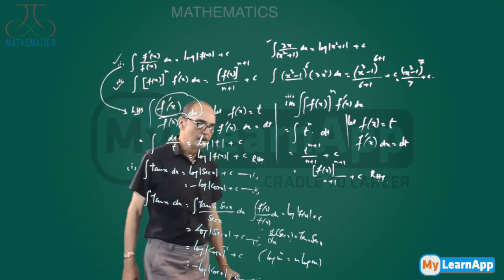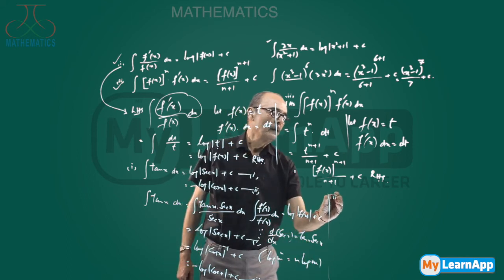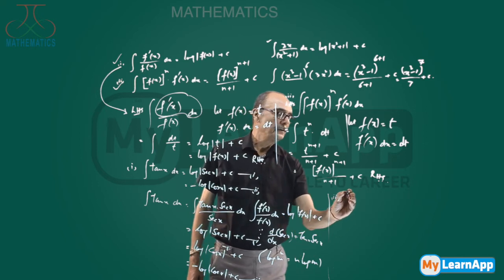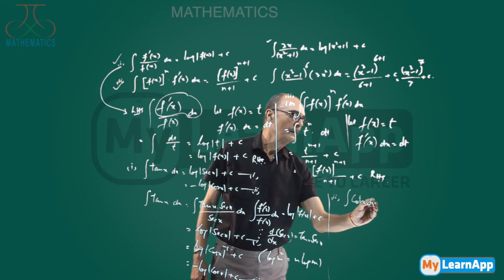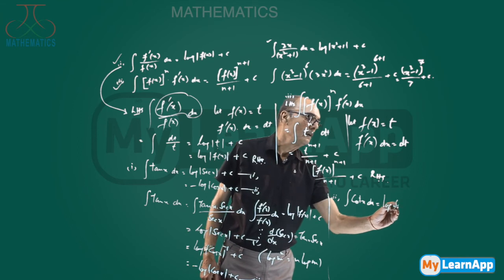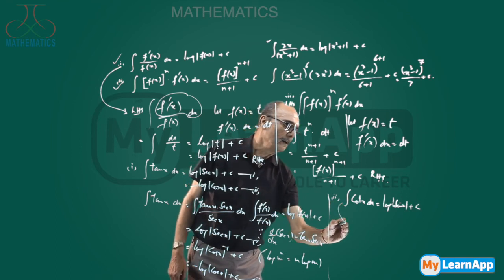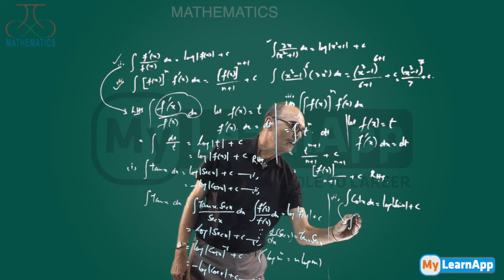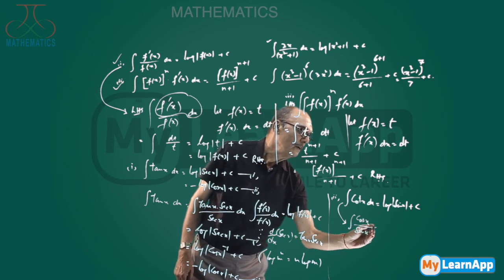Then we have the second result in this case: the integral of cot of x d of x is log of sine of x plus c. If you take the left hand side, this is the integral of cos x upon sine of x d of x.